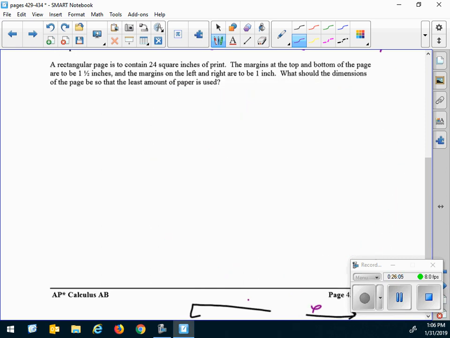Okay, a rectangular page is to contain 24 square inches of print. The margins at the top and bottom of the page are to be 1.5 inches, and the margins on the left and right are to be 1 inch. What should the dimensions of the page be so that the least amount of paper is used? Draw a page.